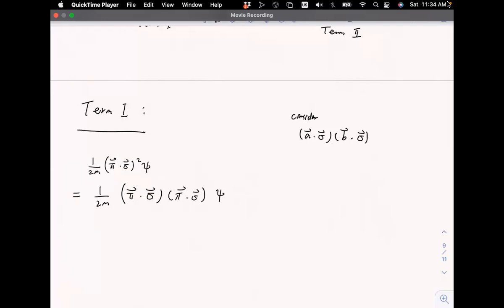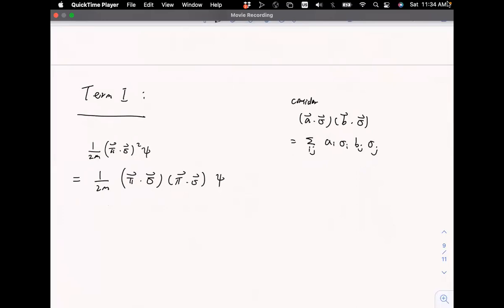It is a vector of Pauli matrices. So what is this? This is basically you have a dot product, A_i sigma_i, and then you have B_j sigma_j. These are just the dot product.